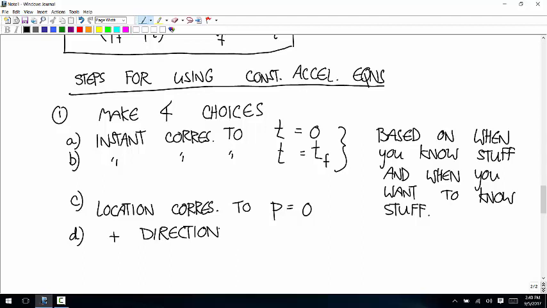If you don't get those right, there's no way to recover from that. C and D, though, are totally arbitrary. Those are just setting yourself up so that you're consistent through the whole problem. Arbitrary. You can get this problem right and have a totally different choice of the position equals 0 and the positive direction than somebody else who gets it right.